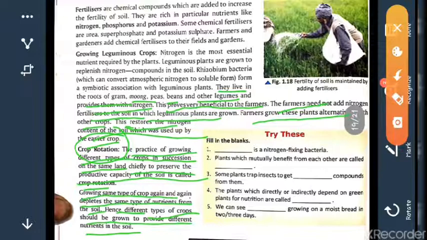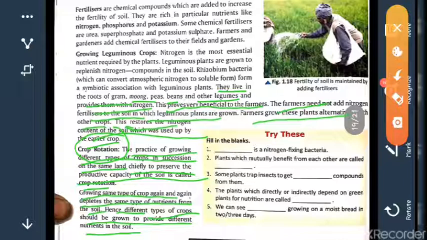if I like to eat fish, and I have one canteen, if I go to that canteen every day and eat fish, the day will come that the fish will be finished. The other food will be there but the fish will be finished. So when the others come wanting fish, they will not get it.